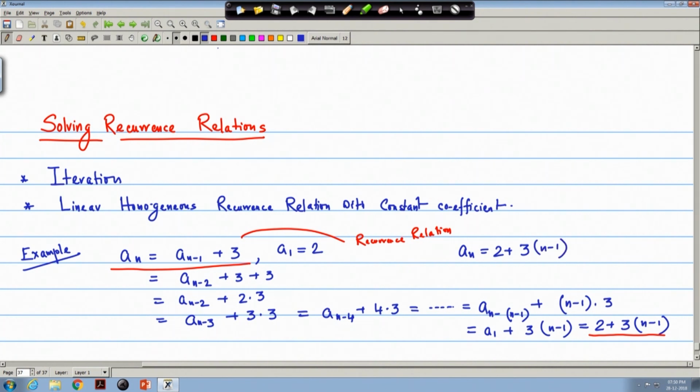So, this is my explicit formula or the solution of the recurrence relation, because it depends only on n.